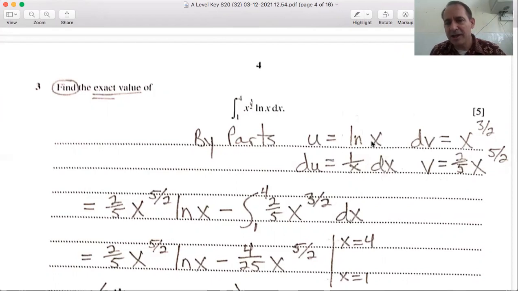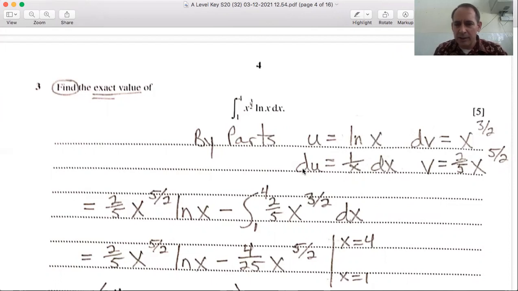And it does turn into an algebraic term when you derive it. So the ln x needs to be the u because it can't integrate, or at least with our Cambridge formulas that they give us, we don't have an integration for it. So we're going to put the algebraic part as the dv, the ln x as the u.